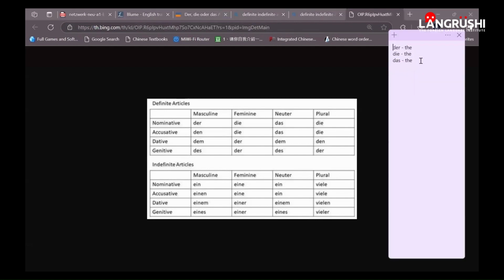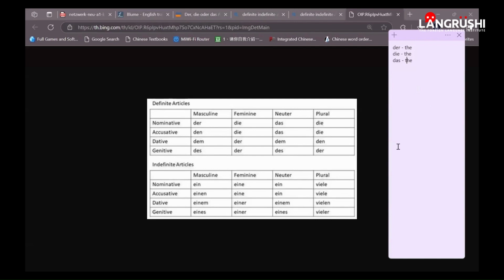this list does not stop here. We have 16 dies and 16 ders, that is, 12 ders and some articles for plural as well. So every single grammatical structure is related to all of these dies and ders. And their function for every case is different, which we will learn.